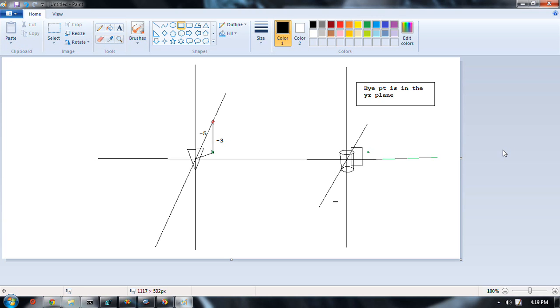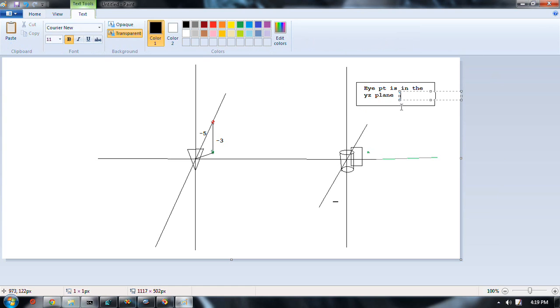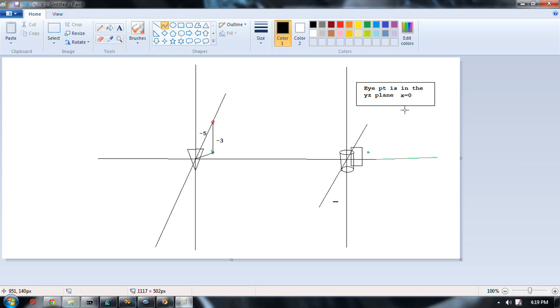There it is. The reason for that is the simple fact that x equals 0. That's the equation whose solution is all the points in the YZ plane, and x is equal to 0 where we are.